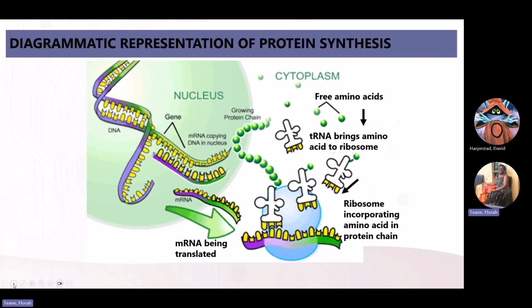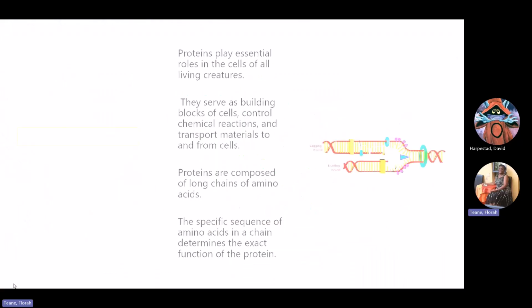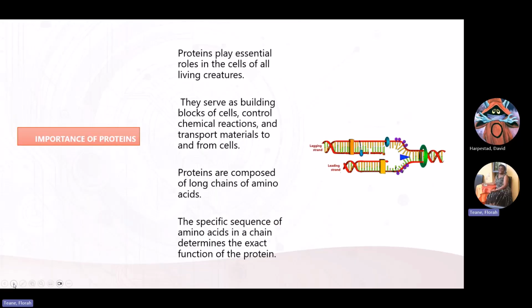So a chain is going to be formed. Remember what I said? As many amino acids are being added, a polypeptide will be formed. The first two will form a dipeptide. When we add another one, a tripeptide. When we keep on adding many amino acids, a polypeptide is going to be formed.